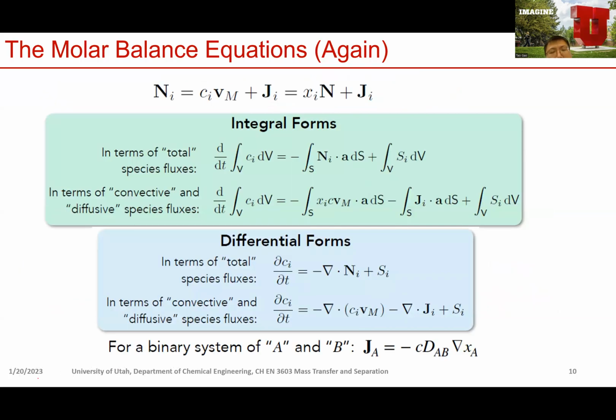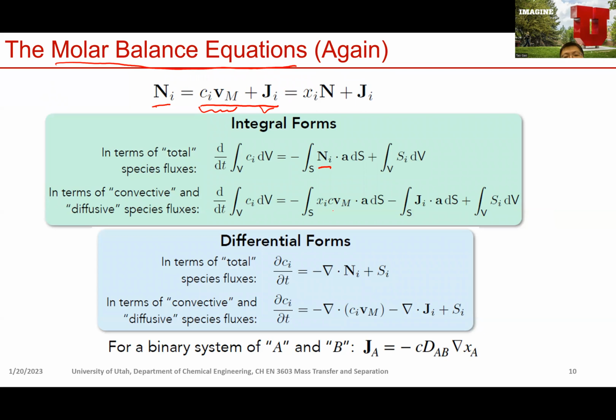So lastly, we're going to review the molar balance equation again. What we do here is change the molar flux term by what we just learned today. Just replace the molar flux term by this equation, where we replace the total molar flux by the convective molar flux plus the diffusive molar flux.